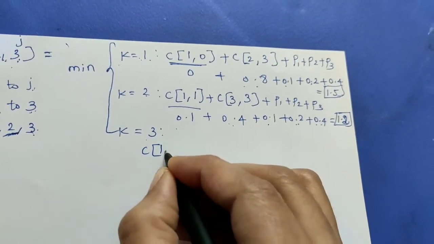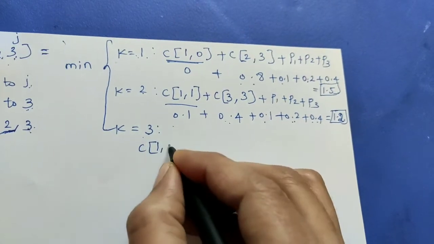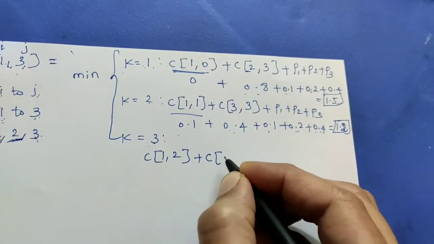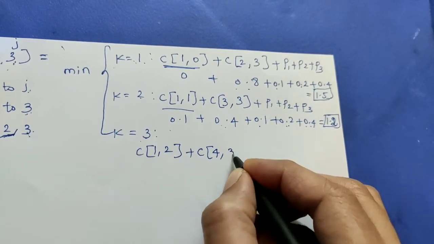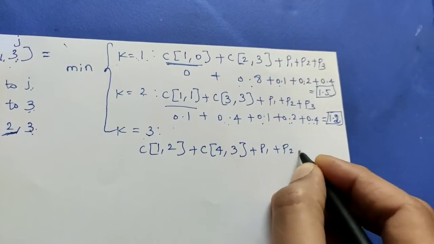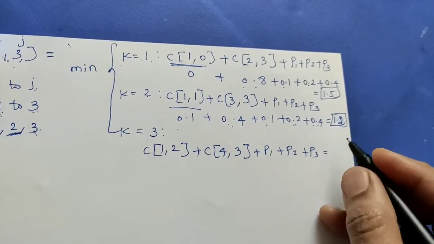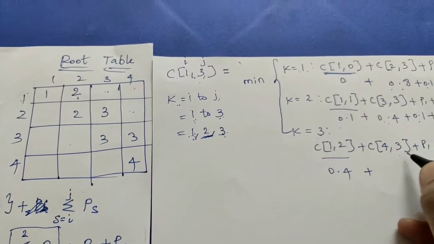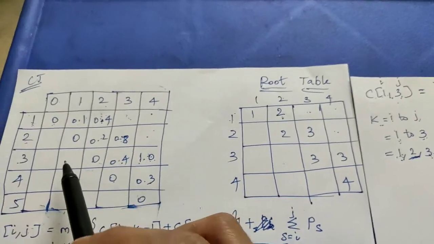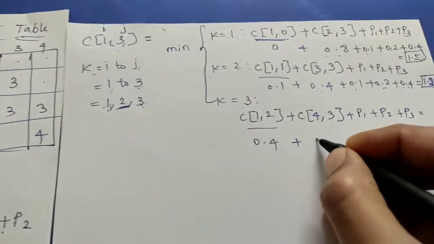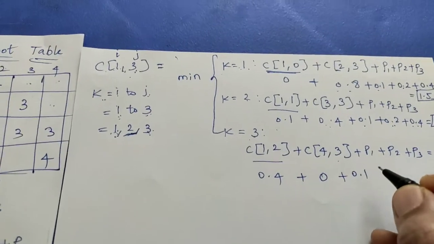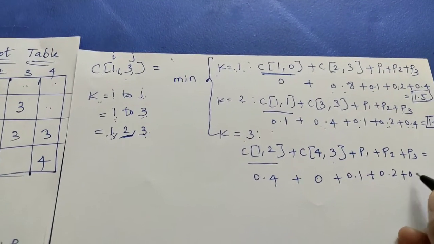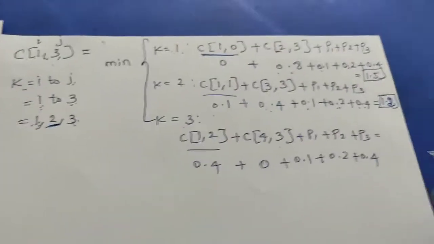So when k is equal to 3, let us process. Cost of 1 comma k minus 1, that is 3 minus 1, 2, plus cost of k plus 1, that is 3 plus 1, 4, comma 3, plus P1 plus P2 plus P3. Now let us see cost of 1 comma 2 in the cost table. Cost of 1 comma 2 is 0.4. 0.4 plus cost of 4 comma 3, which is 0, plus 0.1 plus 0.2 plus 0.4.